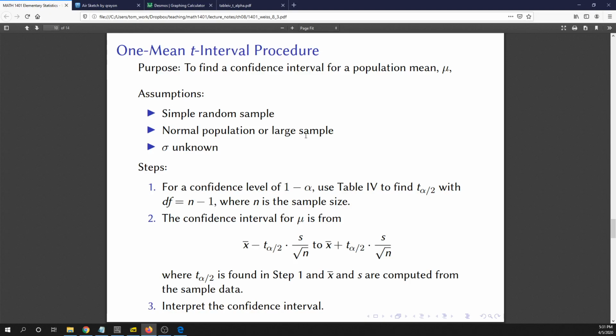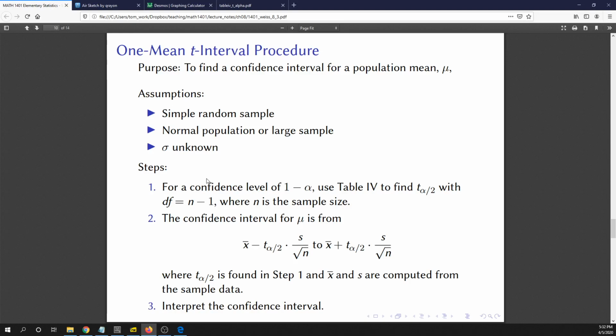And the key to differentiating between these when you read the problems is that sigma is unknown. If you know sigma, then you're going to use the one-mean z-interval procedure. If you do not know what sigma is based on the problem they give you, you're going to use the t-interval procedure.